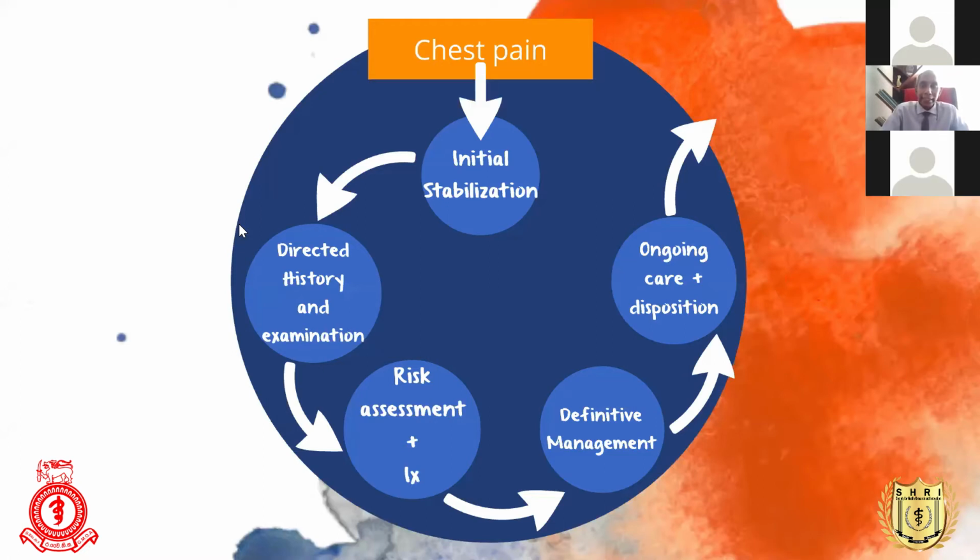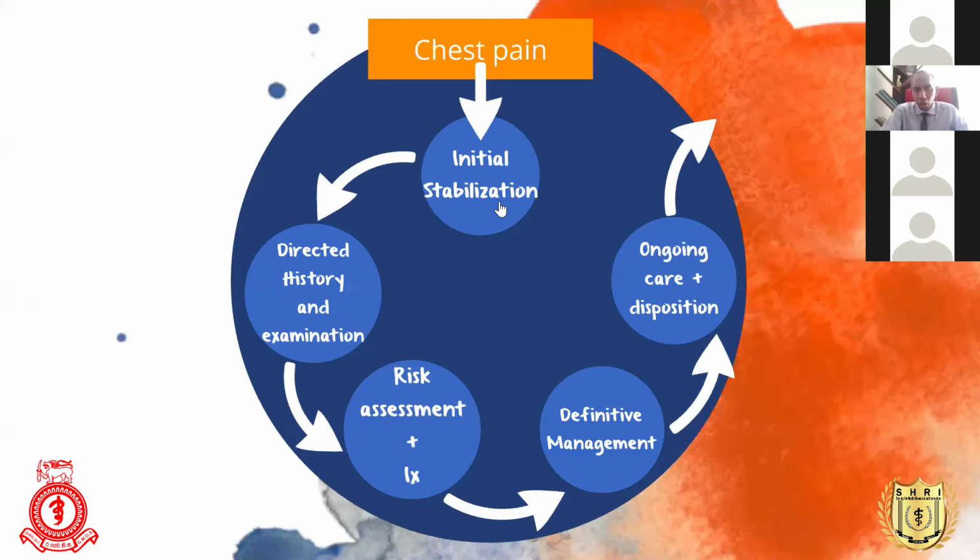From that, we can have some idea about the risk of the patient for a particular disease so that we can guide the relevant investigations. From the investigations, with the history and examination, we can go for definitive management. And then we think of ongoing care and disposition, whether we send the patient home or whether the patient is going to the ICU or to the ward.